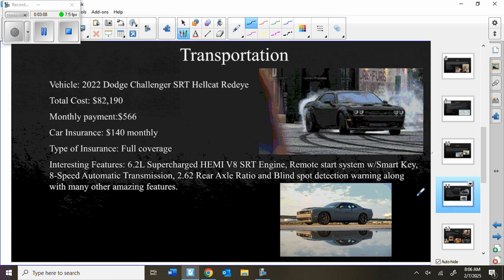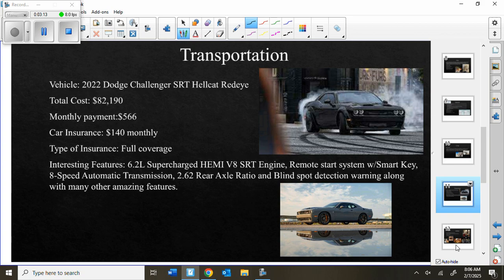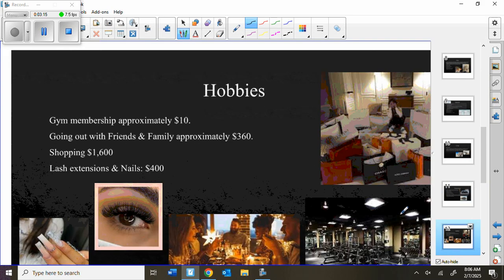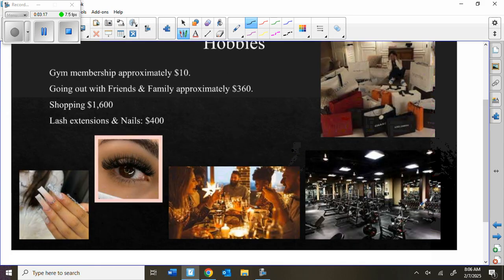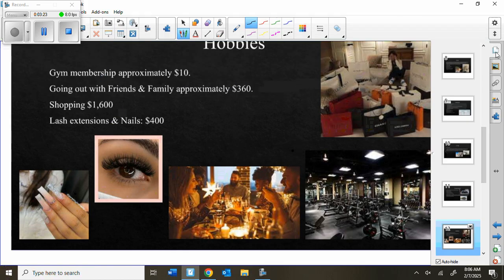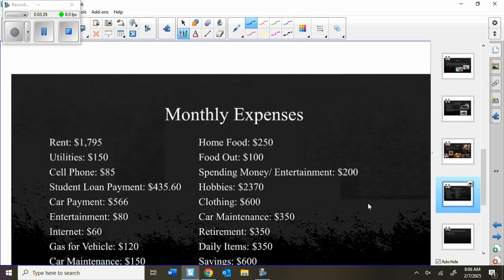And so it's fun for them to shop for cars. They're about 17 and 18 years old in my class. It's fun for them to think about their hobbies in the future. I talk a lot about, just think about even going out to eat, especially right now, and how much you can waste just going to get coffee and things like that.